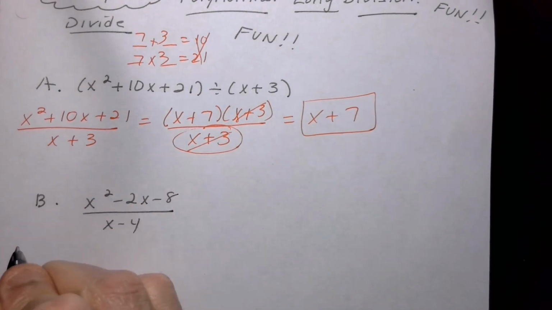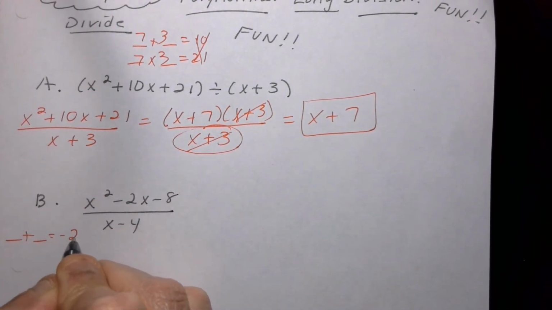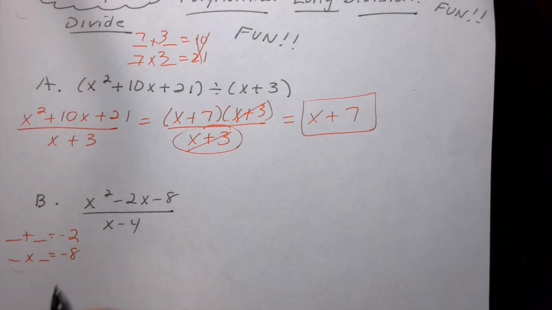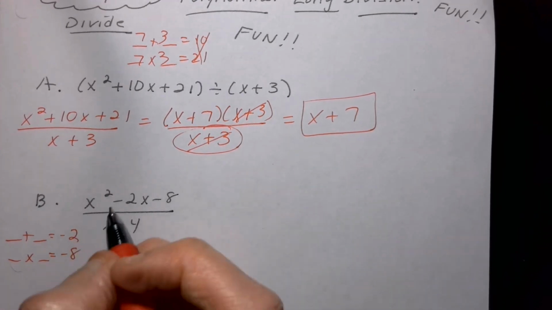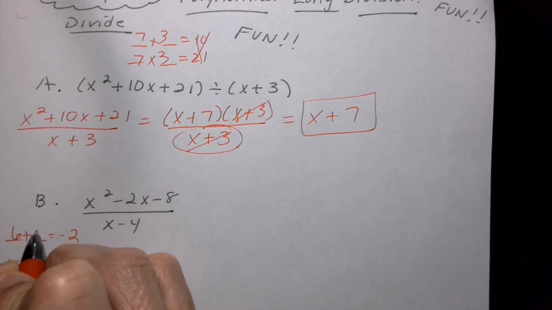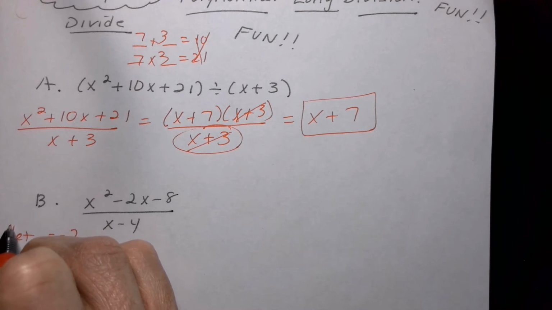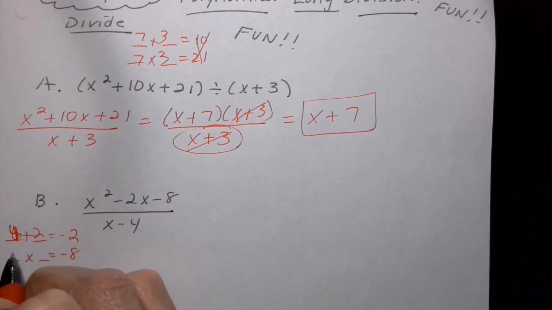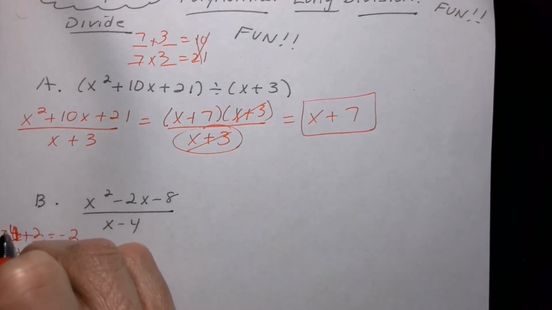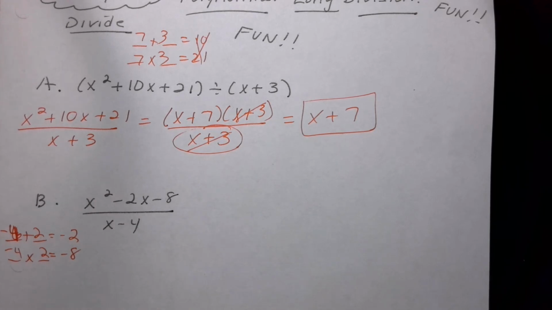Try the next one. What plus what equals negative 2. What times what equals negative 8. So 6 and, no, that's not going to work. What am I doing? 4 and 2. Negative and negative.